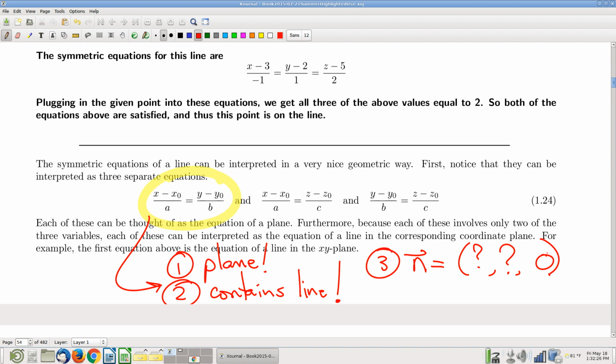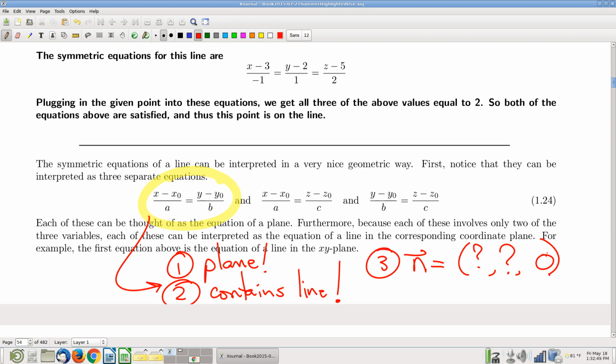So the coefficient of the z term is 0. That means that your normal vector is horizontal. Not up, not down, right? The normal vector's got to be horizontal. Now let's think about that. If the normal vector is horizontal, that means that the plane has to be vertical. This is a vertical plane containing our line.